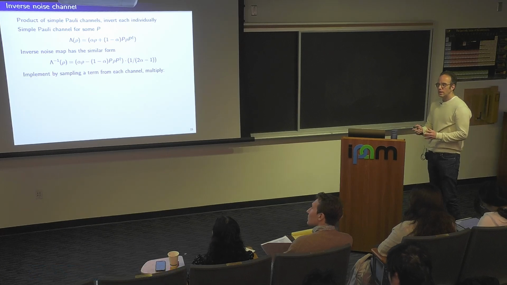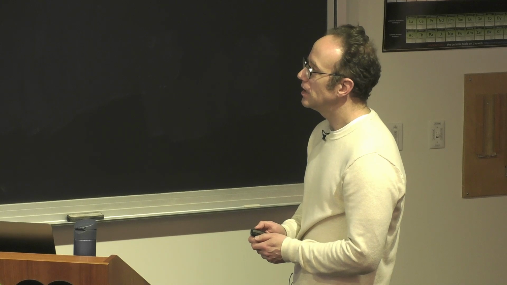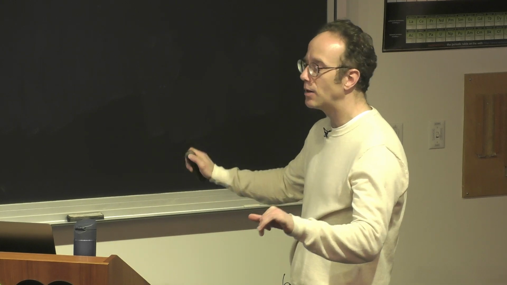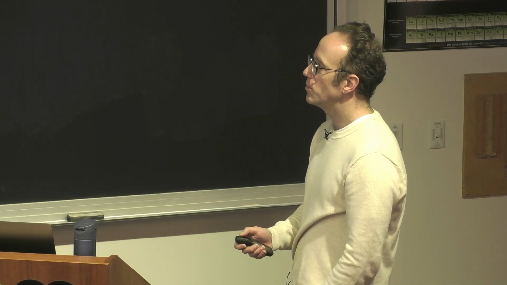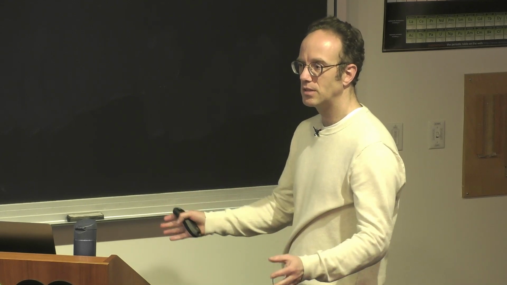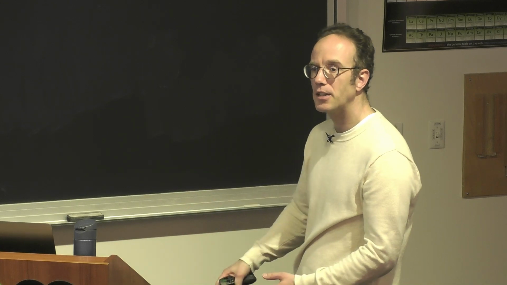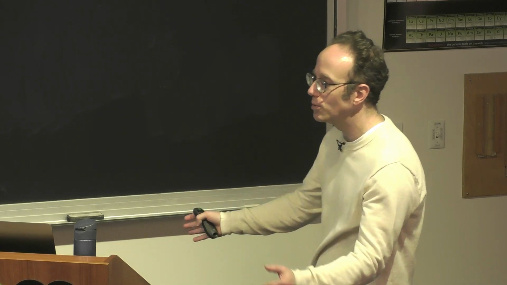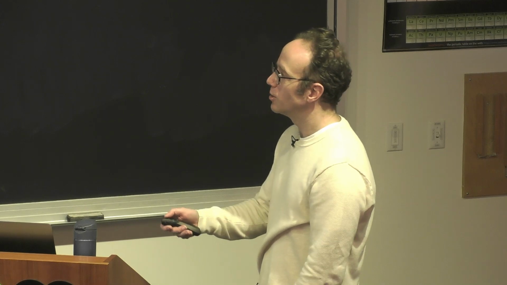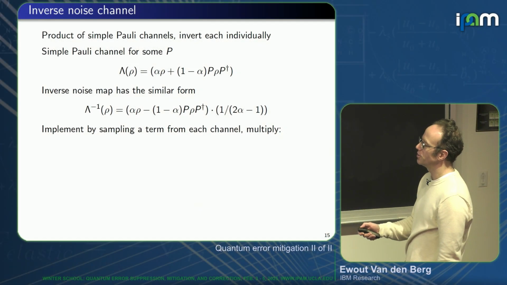So now we're in a situation where we actually have a product of these simple Pauli channels, and we can invert them individually because all of the Pauli channels commute, and the inverse also has a diagonal Pauli transfer matrix, so that also commutes. So we can just invert individual channels.